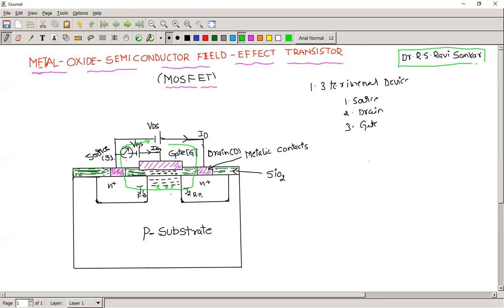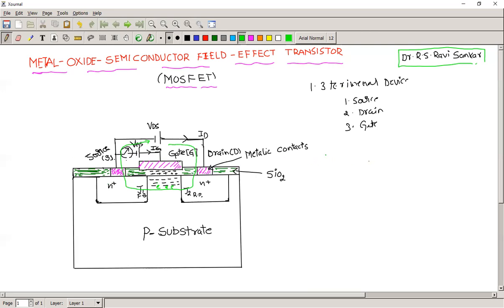These electrons are formed due to the field created by the gate terminal. This field is created because of the separation of charge carriers inside the silicon dioxide. That's why we call this an N-channel MOSFET.